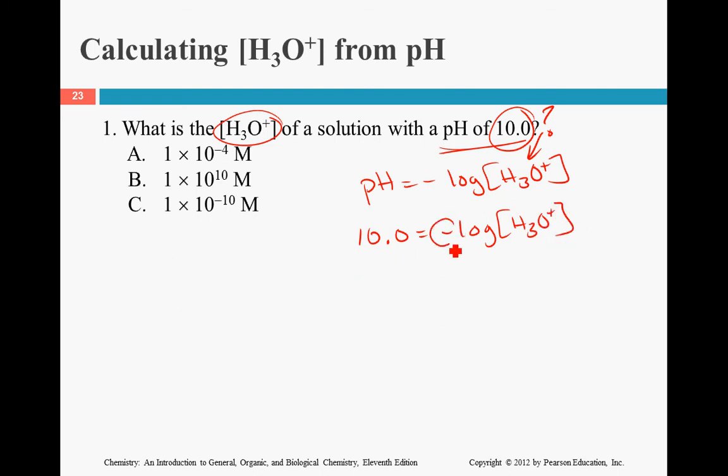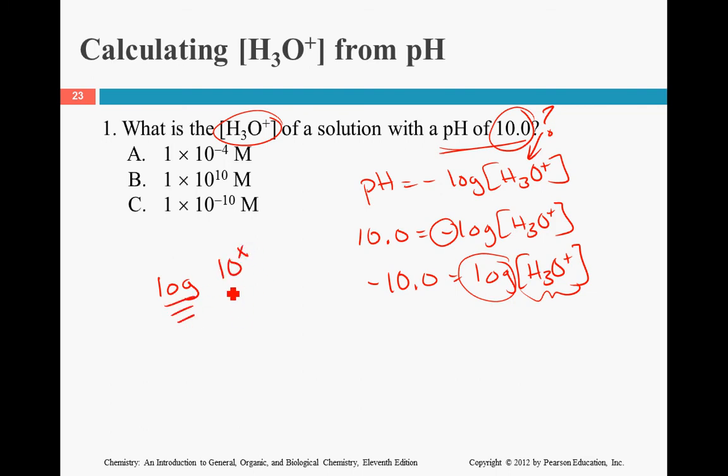So we're going to get rid of this negative sign first. Now we're really looking for this, but we have it as log of that. In order to get rid of this log, if you look on your calculator, chances are where you see the log button, you're going to see something that says like 10 to the x. That's called the inverse log. So we're going to take 10 to the x of both of these.